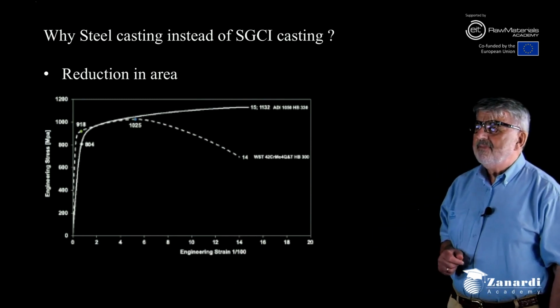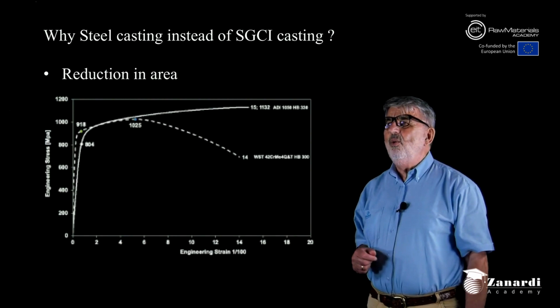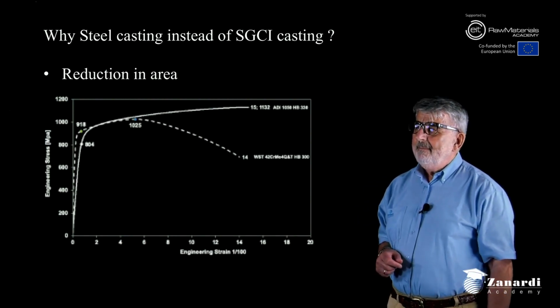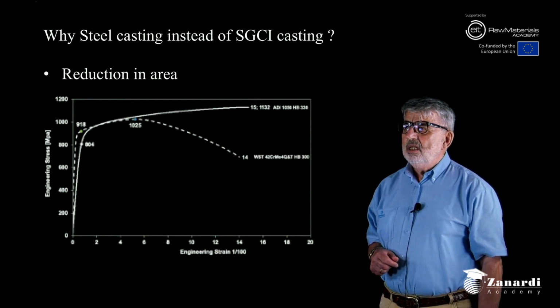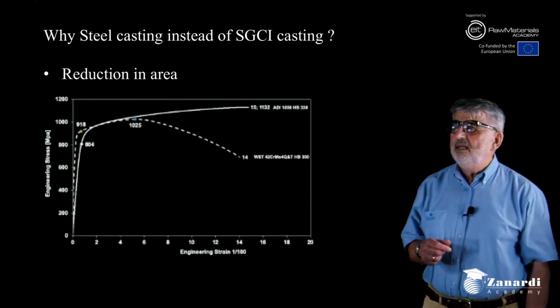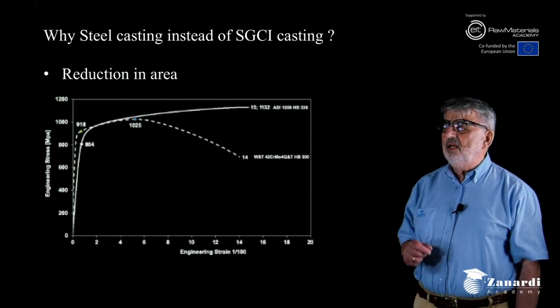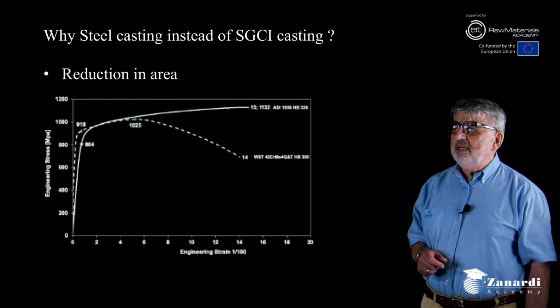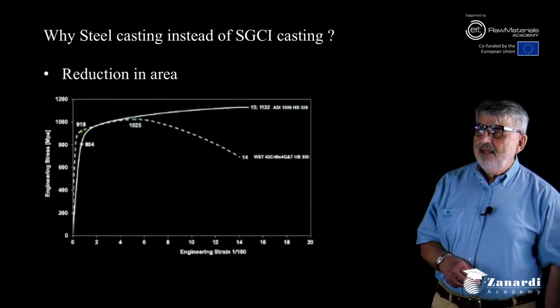Why will a designer remain with the well-known steel casting or steel forging or steel welding, and not adopt a spheroidal graphite cast iron casting instead?